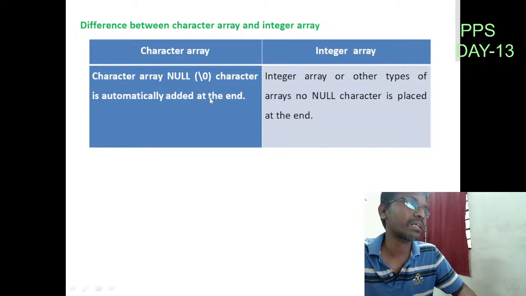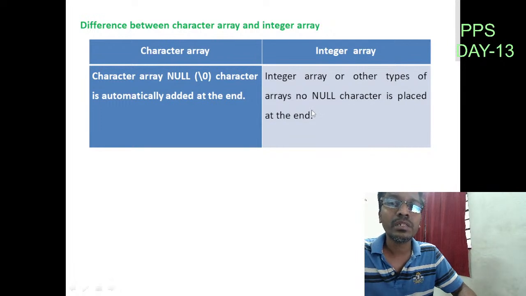For storing characters into the array, you should use \0 at the end of the array, whereas for an integer array it is not required. So that is the difference between a character array and an integer array.